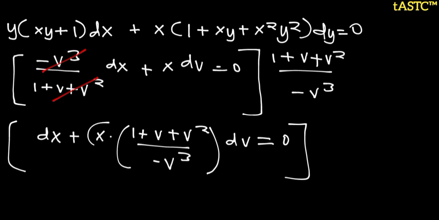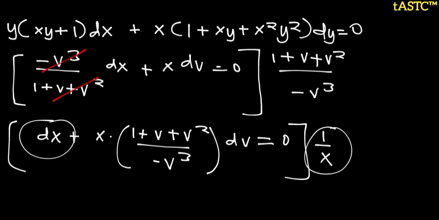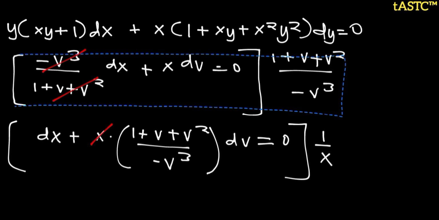Now, next up, we need to take the x away from here. How can we do that? We also need to multiply through the whole equation by the reciprocal of the x. So that is going to be 1 divided by x. That is going to take 1 over x to this side. And for this one, that is going to get cancelled. And that should give us a new form of the system.